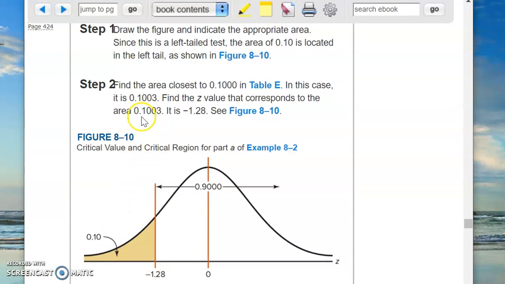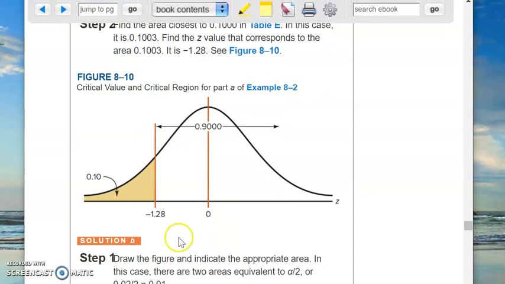It's actually 0.1003. So that's not exactly 10%, but it's as close as we're going to get. And the value is negative 1.28. That is our critical value. Looking ahead, if we do our statistical test and we end up over here, we reject the null hypothesis. If we end up anywhere to the right of this, we would not reject the null hypothesis.